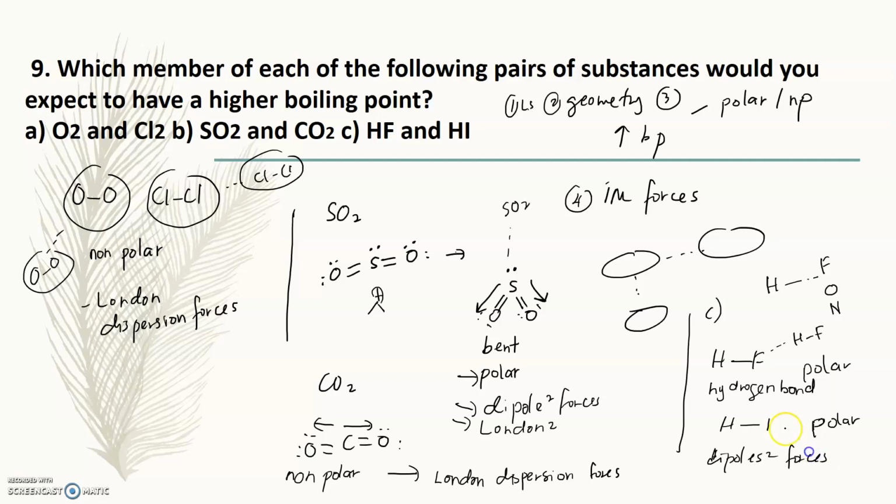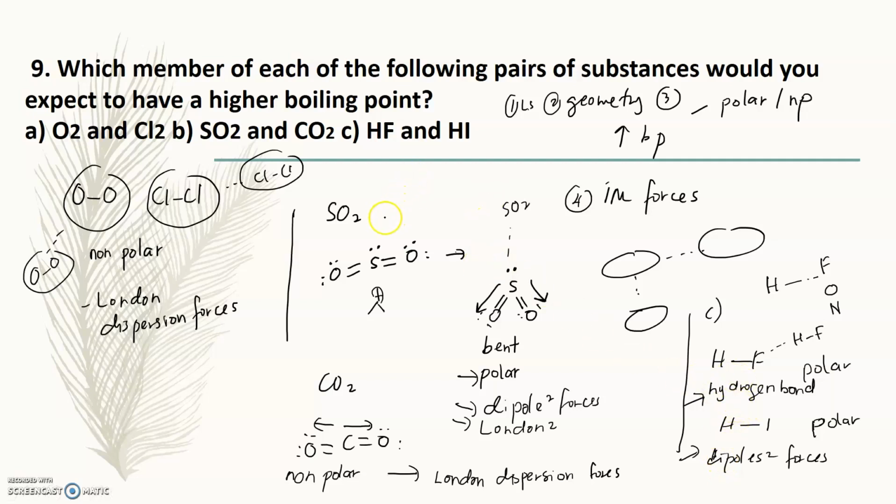All molecules have London dispersion forces, but if polar and hydrogen is not attached to FON, then it is dipole-dipole. So the pair with the highest boiling point is C, between HF and HI, because hydrogen fluoride has hydrogen bond intermolecular forces, and HI has dipole-dipole forces, the strongest pairing.